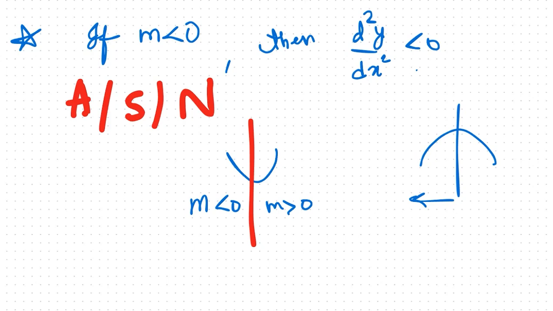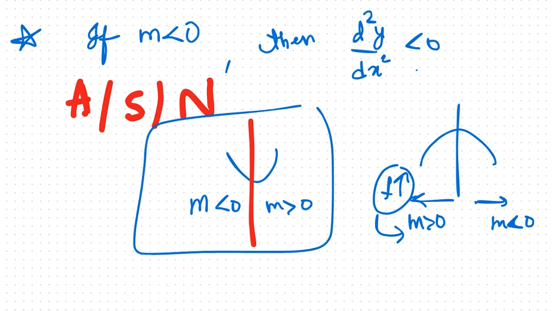Slope is increasing, slope is positive. The function is increasing, therefore slope is positive, left to right. What is happening on the right side? Slope is negative.